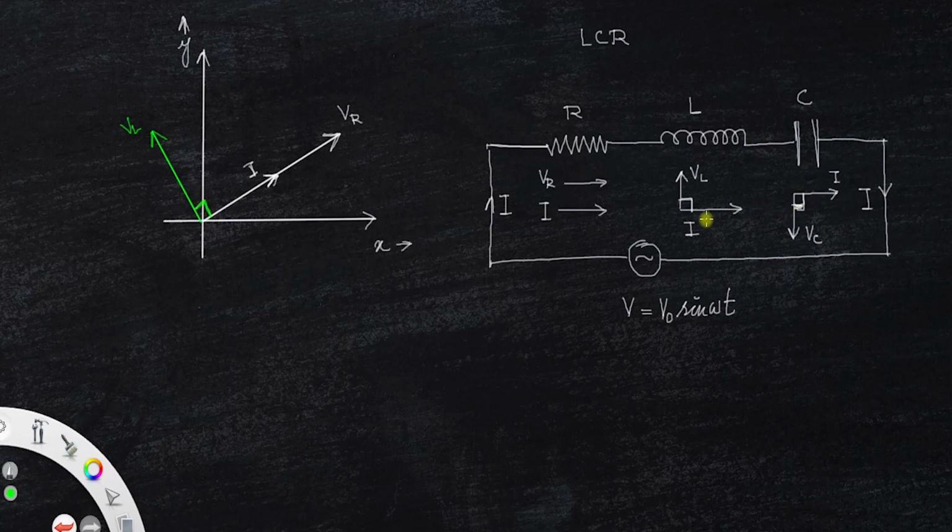And now VC, clearly VC is behind the current by 90 degrees. So we can draw VC here. So this is the VC.